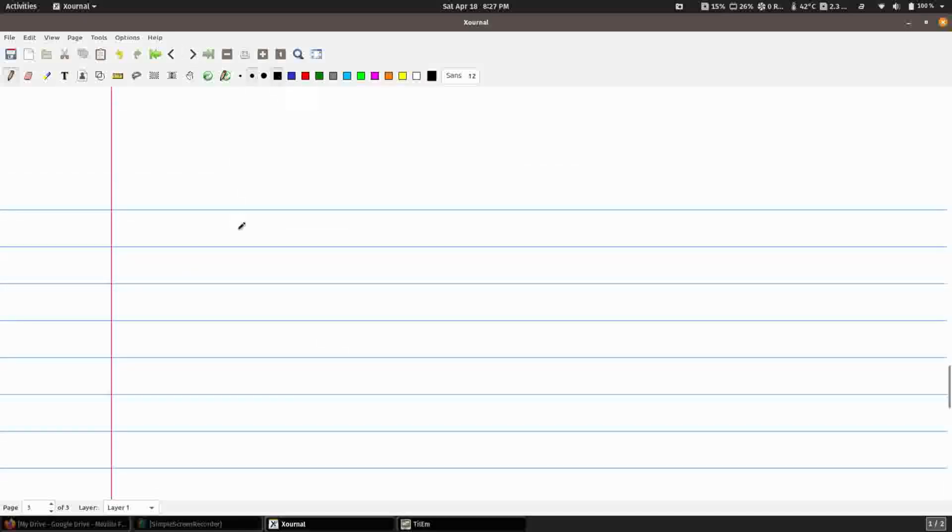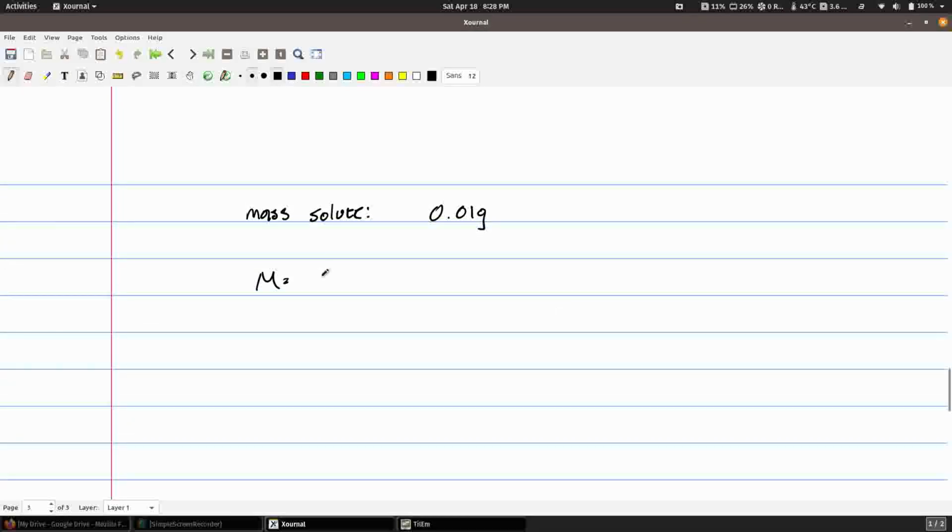So remember we had a mass of the solute at 0.01 grams. And then our molarity was equal to 6.01 times 10 to the negative 5 moles over liters. So we know that we had 1 liter, so it doesn't matter. Because it's moles over 1 liter, this is how many moles we have. We don't have to do any further division.